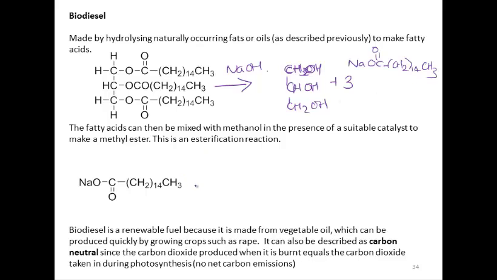We can then add methanol to this. And this is our biodiesel.